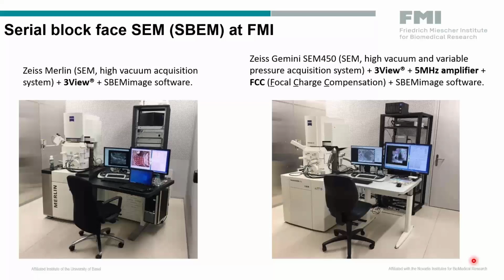In addition, we customize this microscope with a 5 megahertz amplifier to be able to scan 4 times faster. And we also have the focal charge compensation system to prevent charging of the sample.